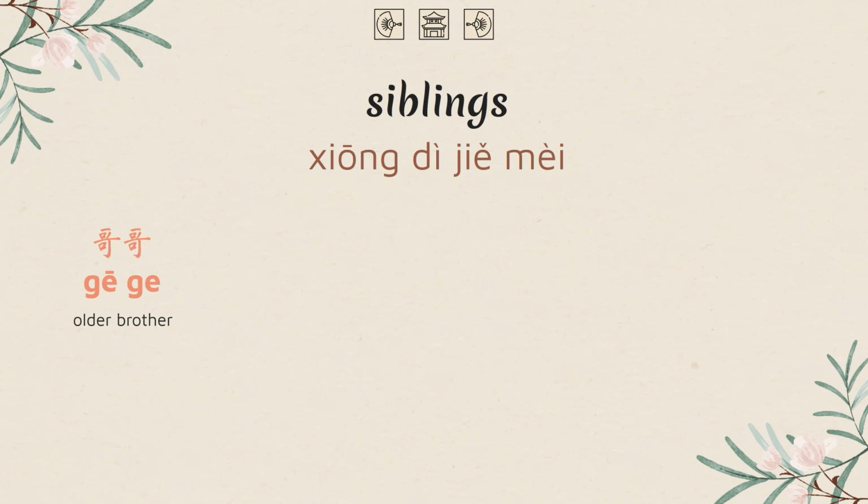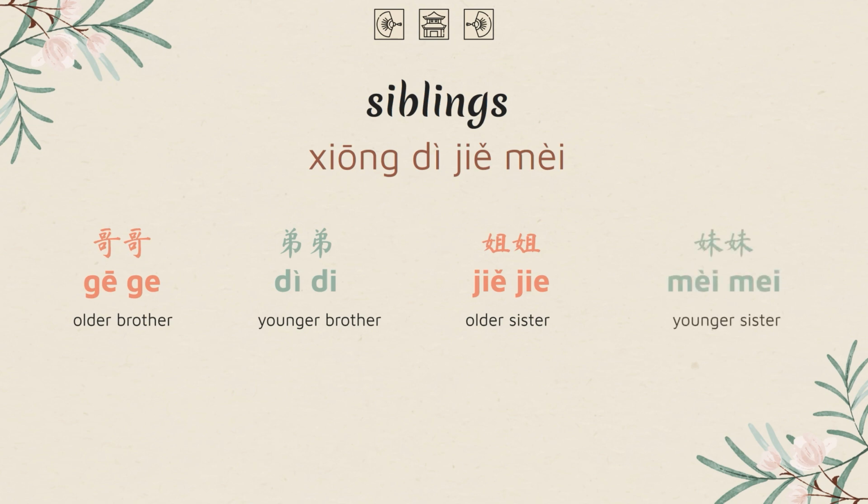And then younger brother is 弟 as in 兄弟姐妹, and it's 弟弟. Again, the second character is softer. 弟弟. Older sister, 姐姐. And then younger sister, 妹妹.